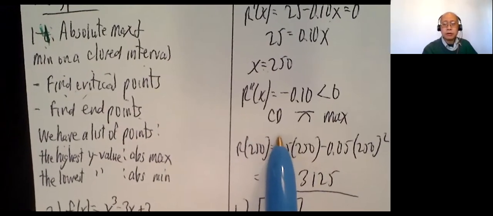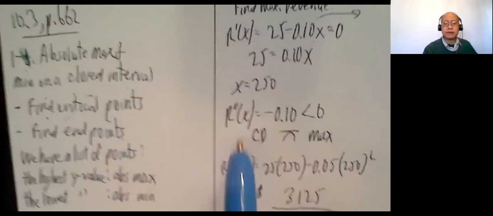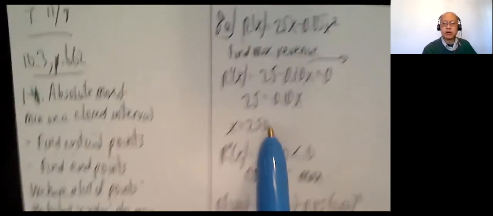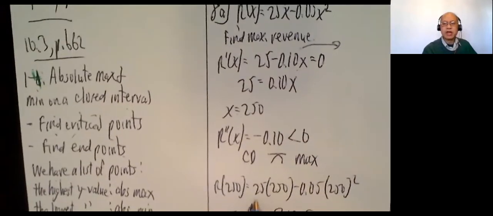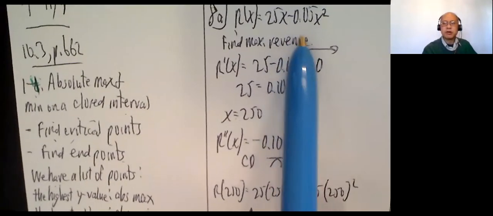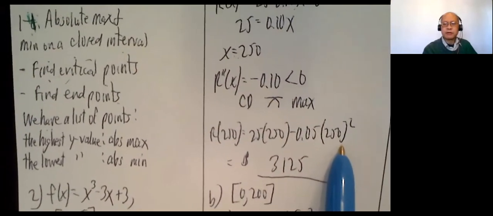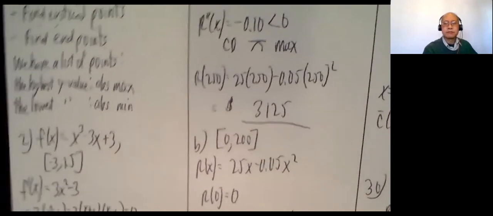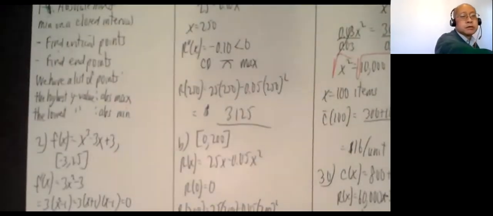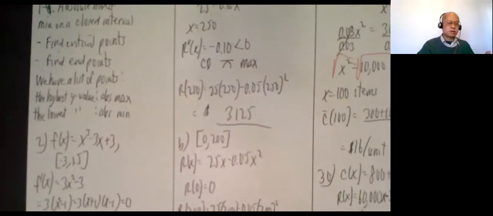Now the question asks for the maximum revenue. So I plug 250 into the original: 25 times 250 minus 0.05 times 250 squared. That's 3125. I'm willing to spend some time on that, might be willing to do it once in a while, but not all the time.